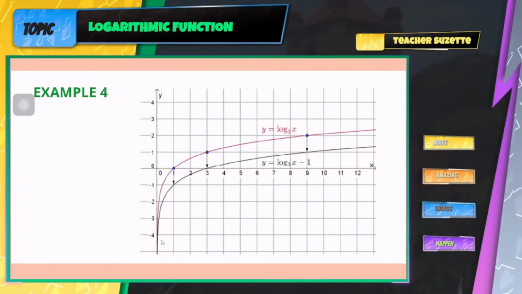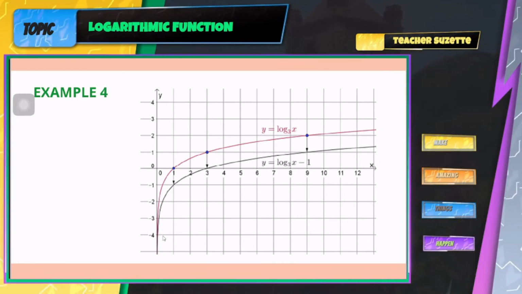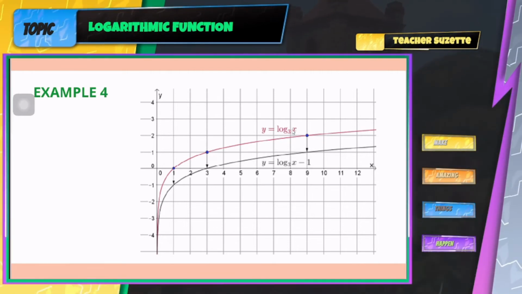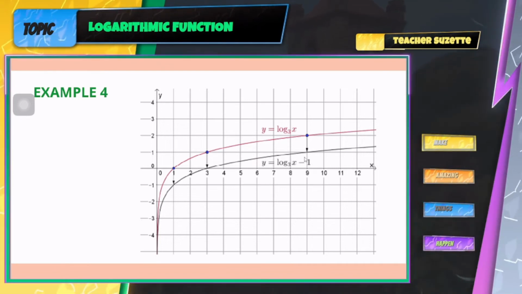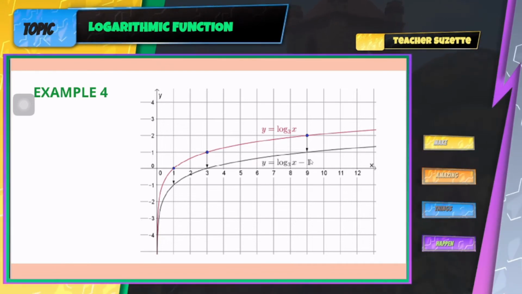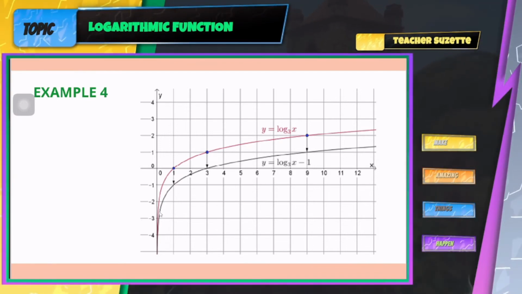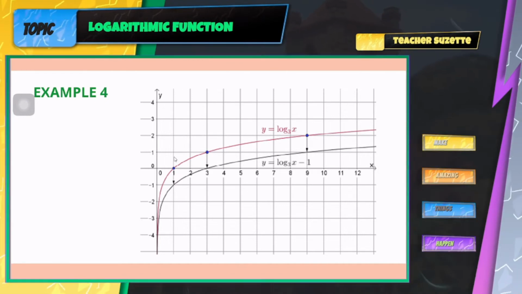So, here are now the graph of our functions. From the graph of our basic function, y is equal to the logarithm of x base 2, mapapansin mo po na yung negative 3 ay negative 1 dito implies that nagkaroon tayo ng vertical shift 1 unit downward from our graph. So, that is why some points in the basic function ay nagbago.